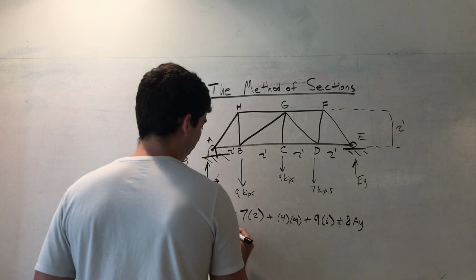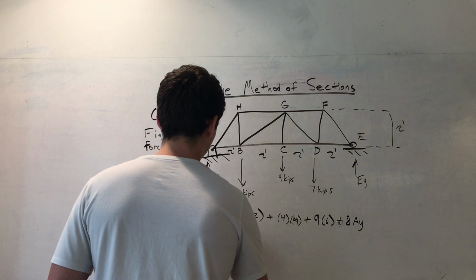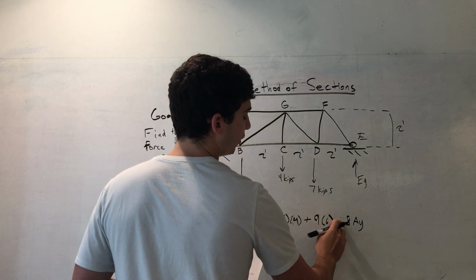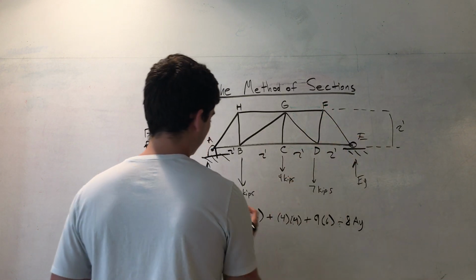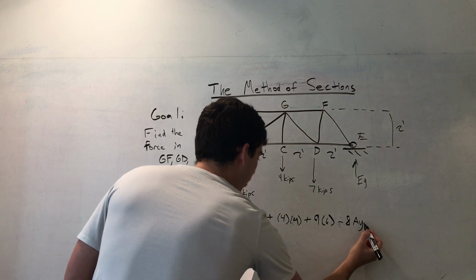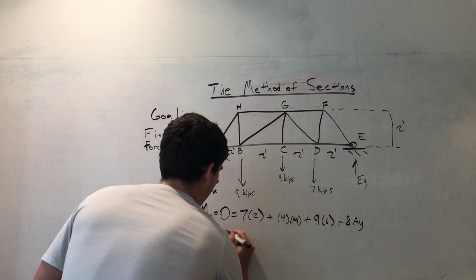We're going to move the AY over, and it will be negative because if you look, it's clockwise to E. So we move the AY over.